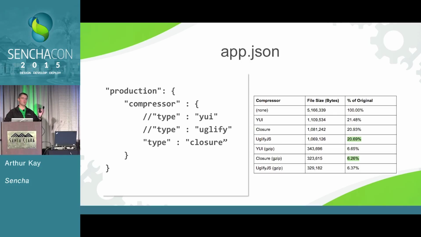And when you run the build through gzipping, what's interesting is that even though UglifyJS in its raw JavaScript size was the smallest compression through Sencha Cmd, when you pass it through gzipping, the result was bigger than after you gzipped the compressed output through Google Closure. The moral of the story here is that you really need to play with all of the settings and see how your application is going to react.